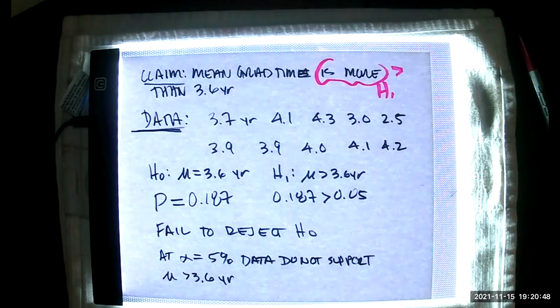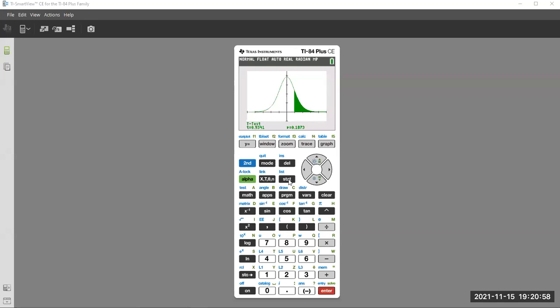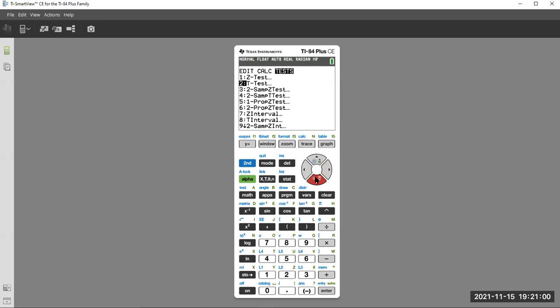And now let me jump back to my calculator for just a moment. I'm going to point something out here. Let me come back and redo the test. Very easy to do. I'm not going to change anything. But this time I'm going to hit calculate. And I like this because this gives me my summary statistics.